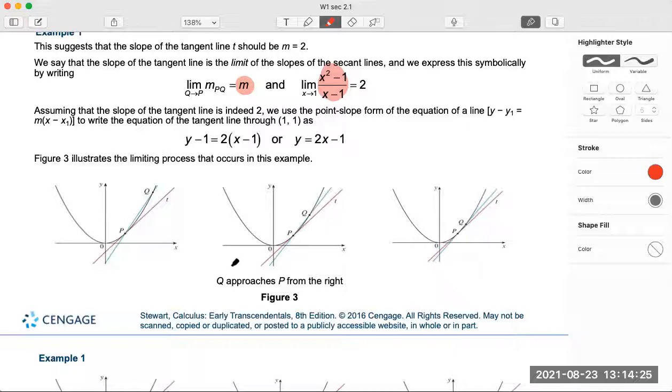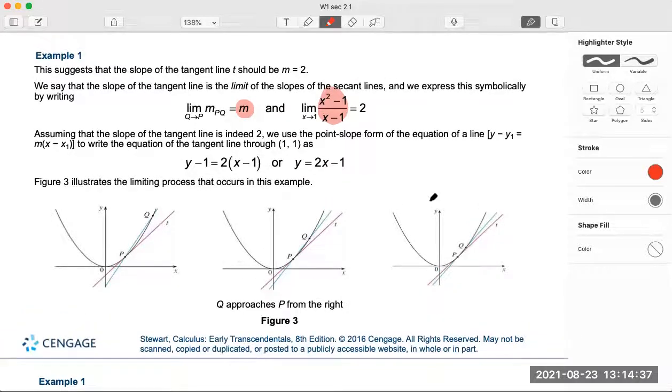Then if we're given a point and a slope, how can we write the linear equation of that line? Slope formula, and what is it?